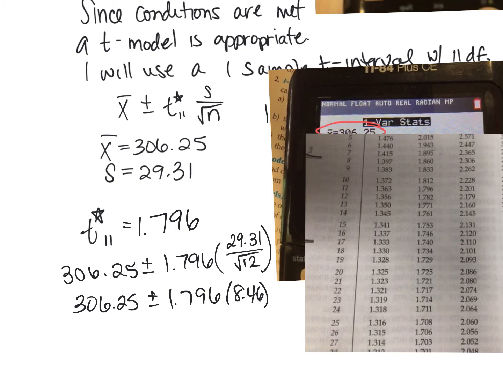So it's 306.25 minus 1.796 times 8.46. I get 291.06. And then I do the addition. I get 321.44.